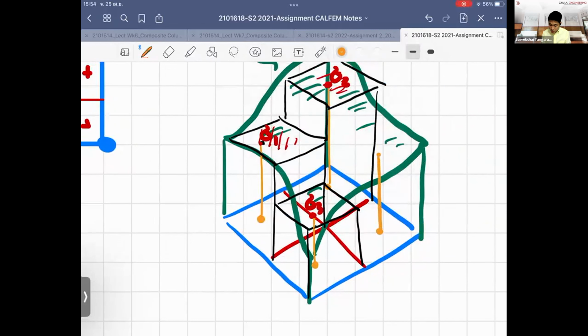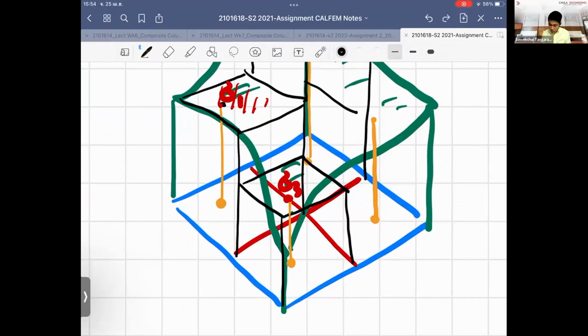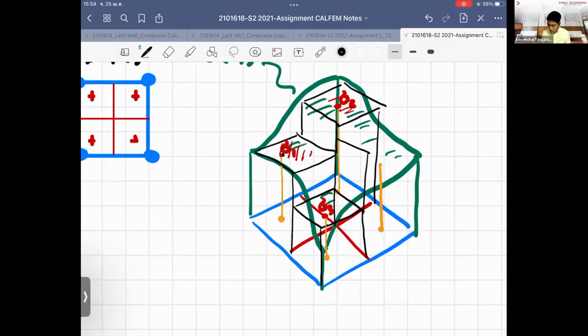This projection just approximates the value of the stress. So I try to draw really nice graphics.